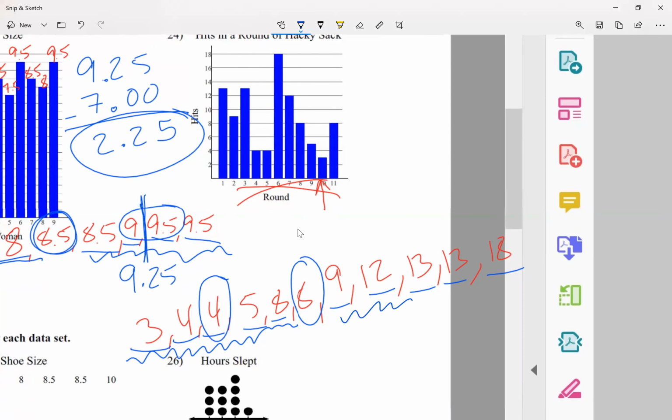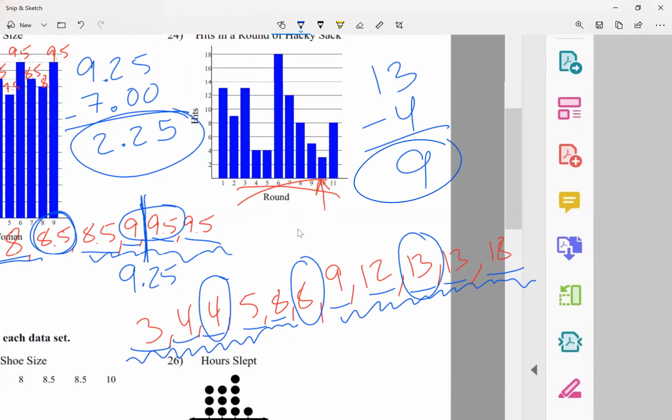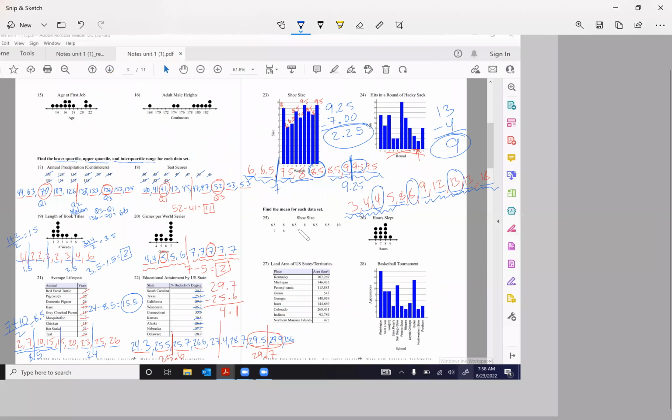From the right side, let me find the number in the middle, which is 13. I know the median is 8, the lower quartile is 4, the upper quartile is 13. For the interquartile range, let me go 13 minus 4. And this happens to be 9. All right. There's our work.